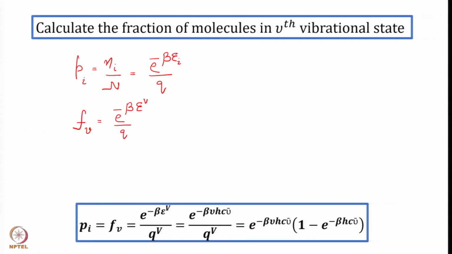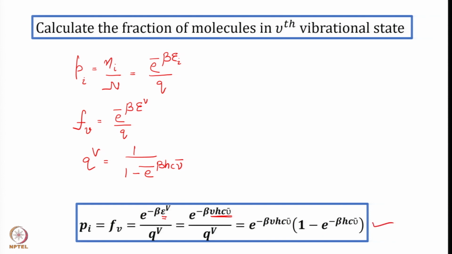And these vibrational energy levels are V hc nu bar, because we know it is V plus half hc nu bar, and the half hc nu bar we ignore. Remember the discussion in the vibrational partition function. We also know that Qv is equal to 1 over 1 minus exponential minus beta hc nu bar.